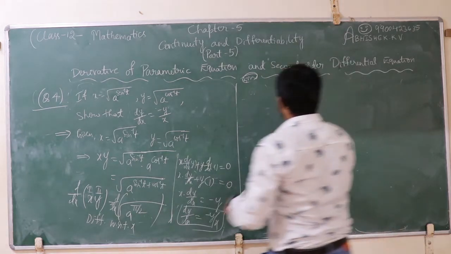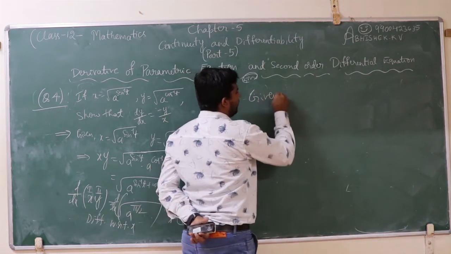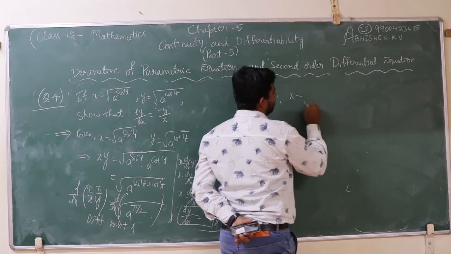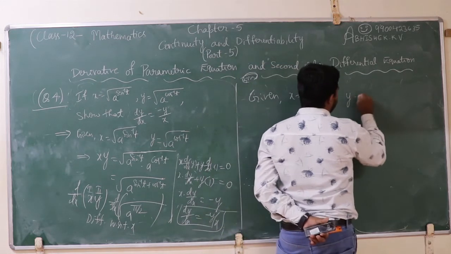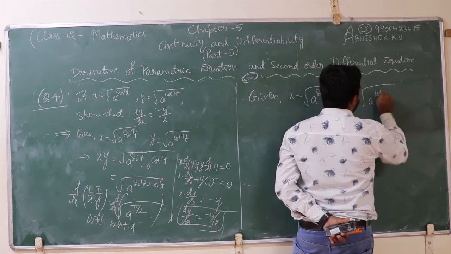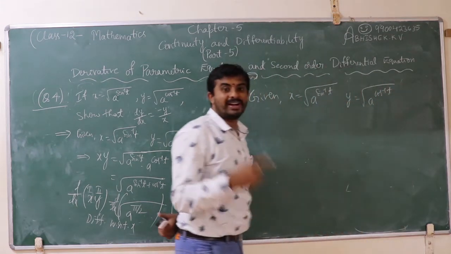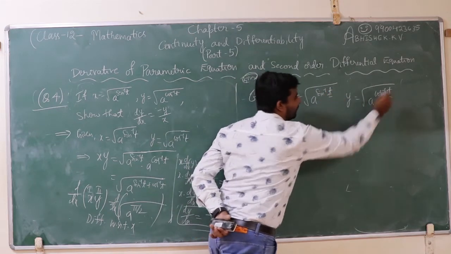See, given that, this is the usual method. Given x is equal to square root of a to the power of sin inverse t, y is equal to square root of a to the power of cos inverse t. Here, what is the parameter? t.